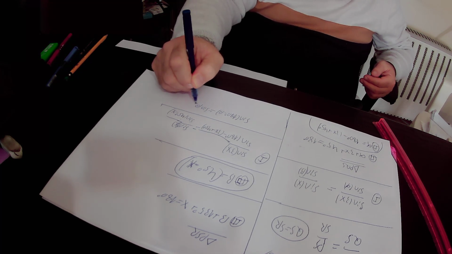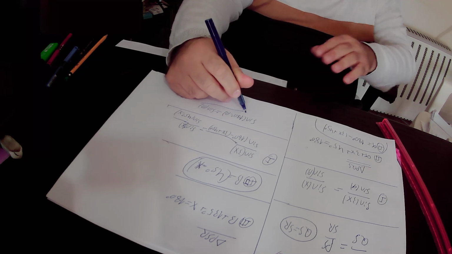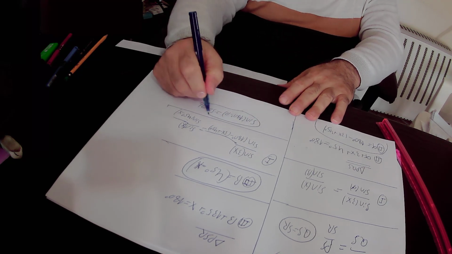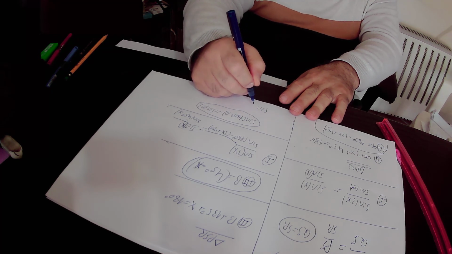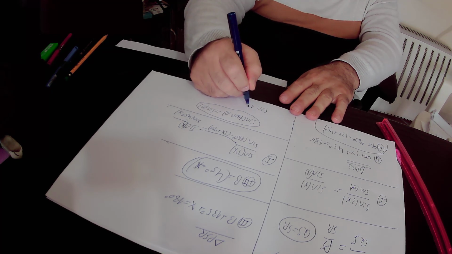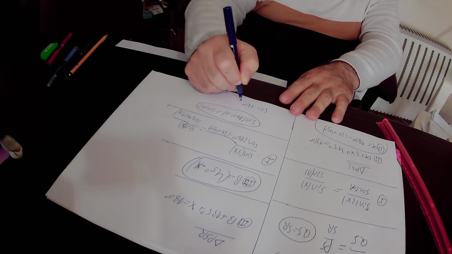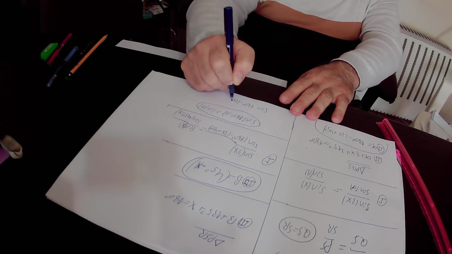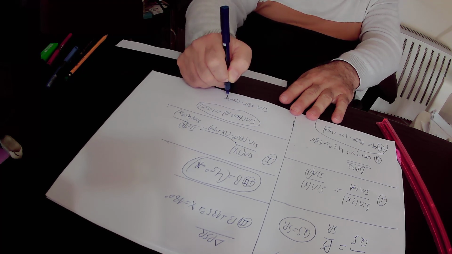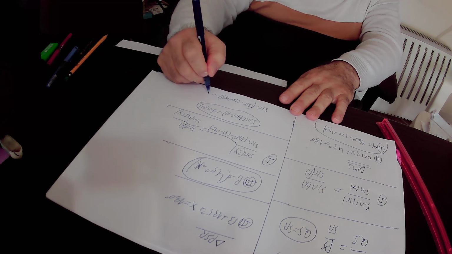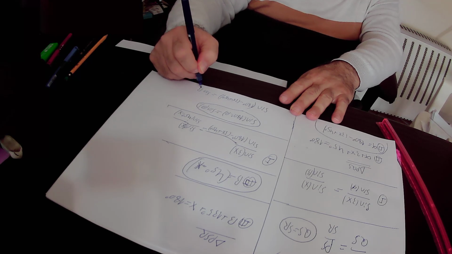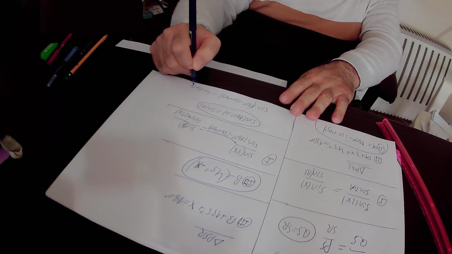So according to this trigonometric identity, we will get that sine of 180 degrees minus 3x plus 45 degrees equals sine of 3x plus 45 degrees.